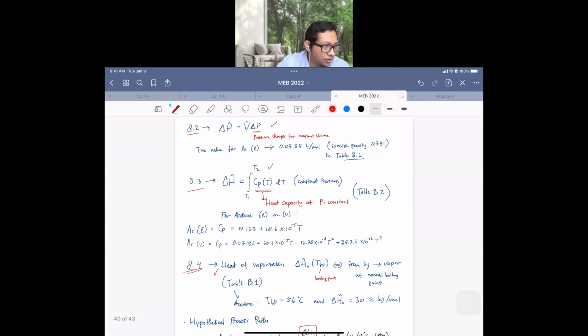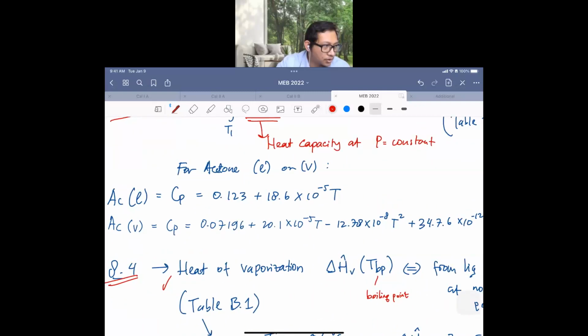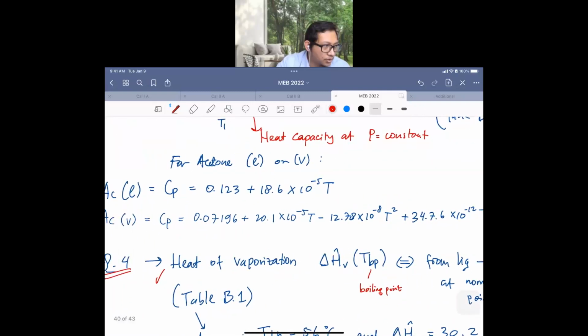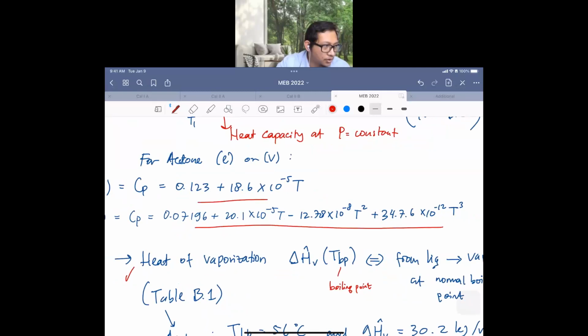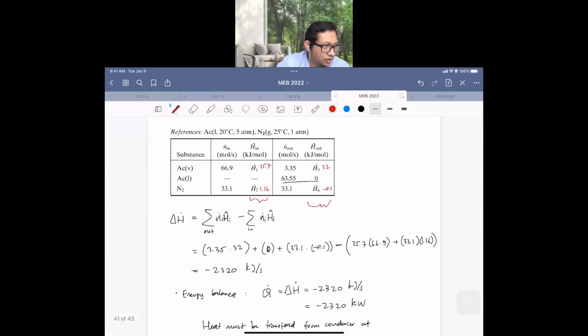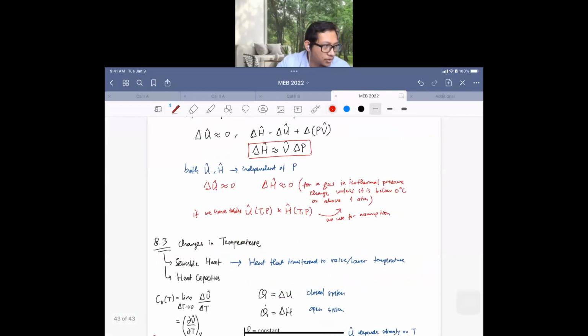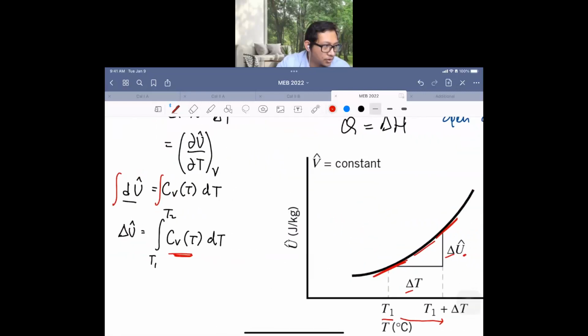This is Cp. So you get some property from the graph here, and it turns out this is practically our approach to get our delta U. This is not really exact, but we can say it is approximately equal.